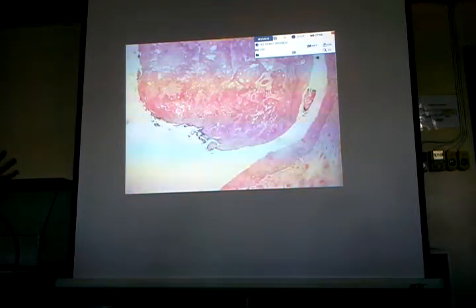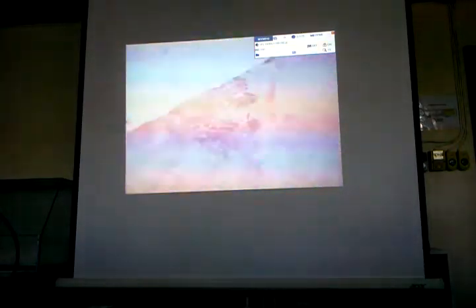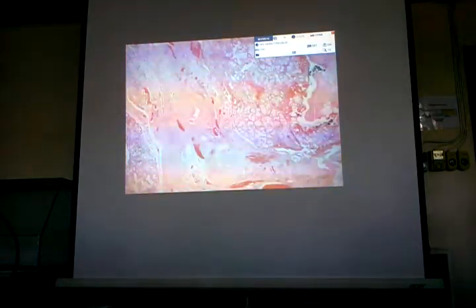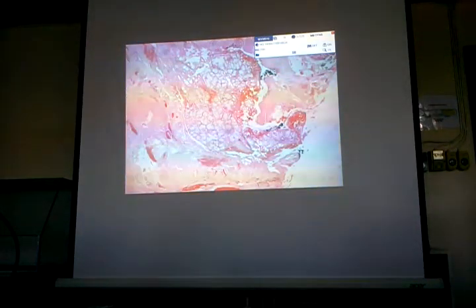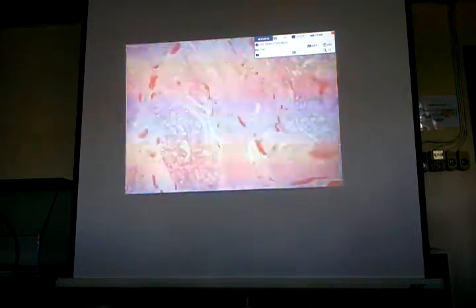However, it will be safe to diagnose this in a practical exam as squamous cell carcinoma. Those are mucosecreting glands. Squamous cell carcinoma.